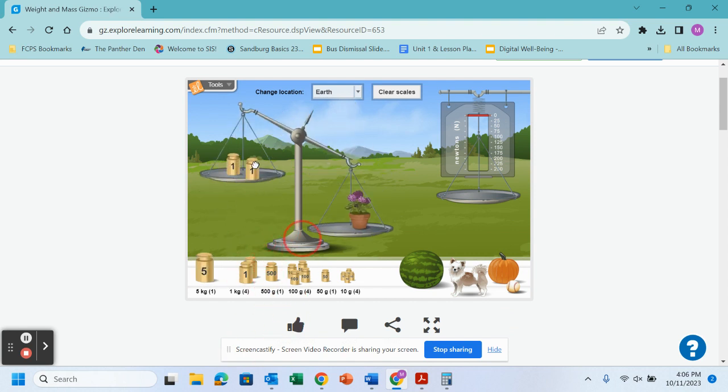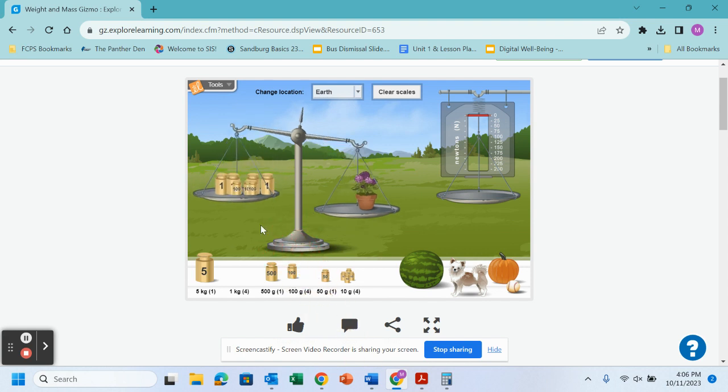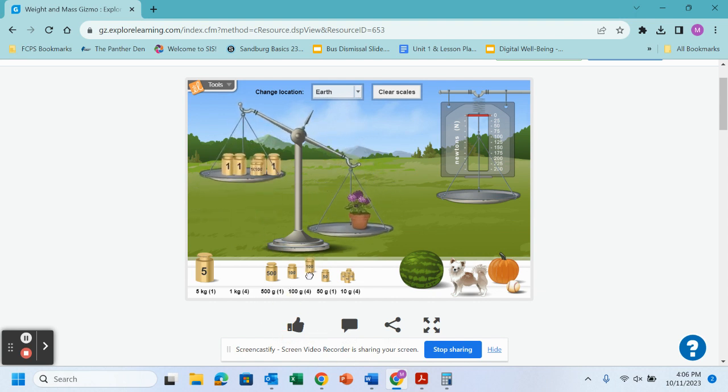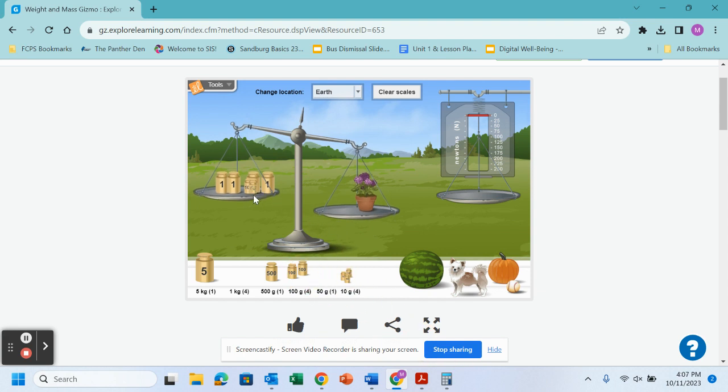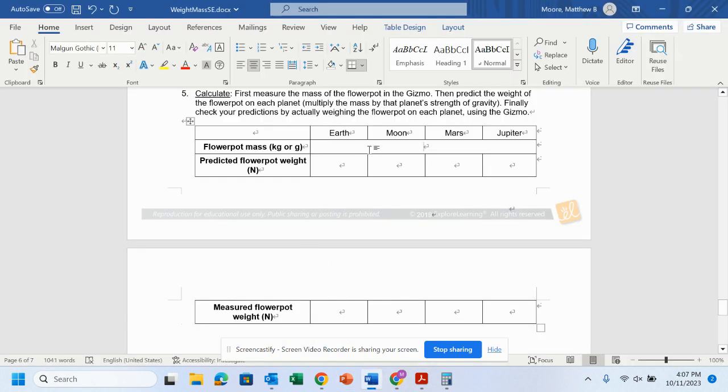So 1,000 grams, 2,000 grams, 3,000 grams, 4,000 grams. 4,500 is too much. 4,100, 4,200, 4,300. Okay, 4,300 is too much. 4,250, 4,260, 4,270. Okay, so it's going to be 4,270 grams. And that mass is going to be the same no matter what planet it's on.